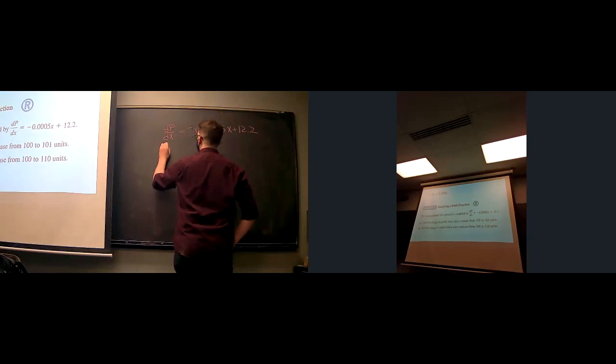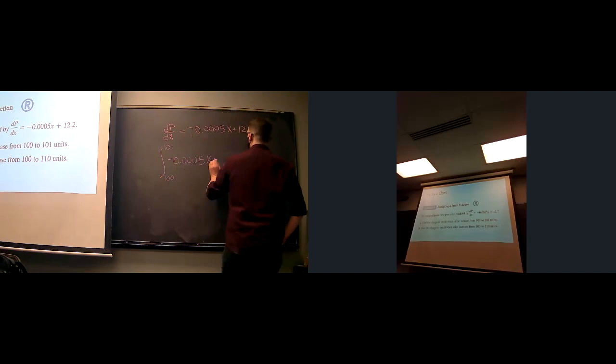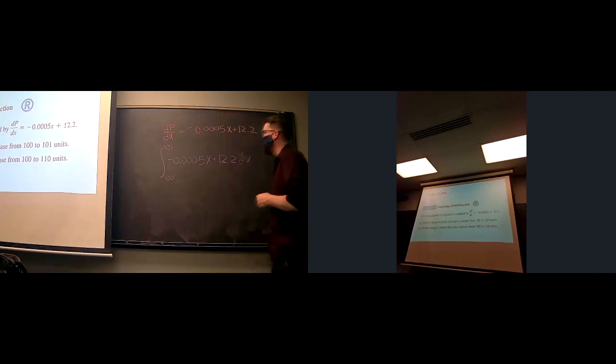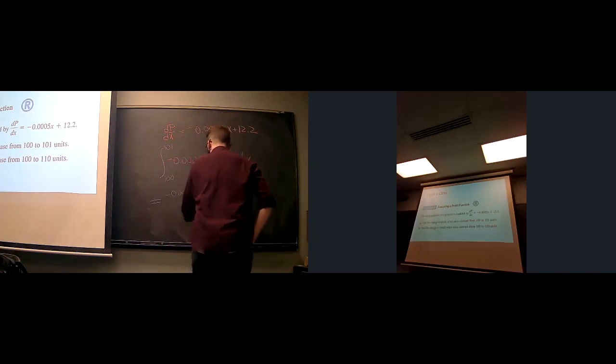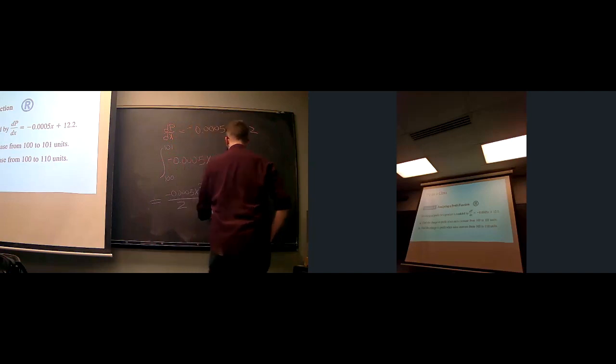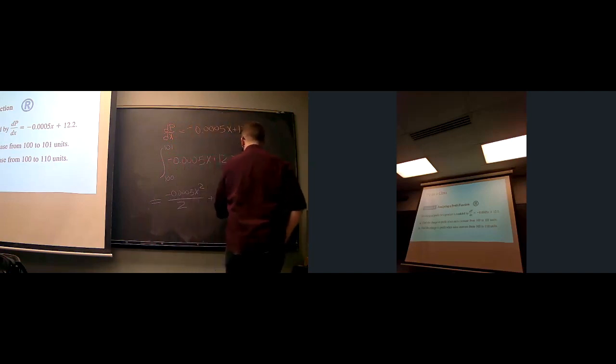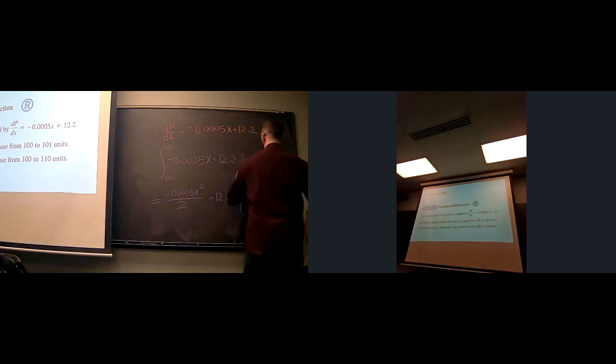Integral from 100 to 101 of negative 0.0005 x plus 12.2 integrated with respect to x. This is going to come out to be negative 0.0005 x squared all over 2 plus 12.2 x from 100 to 101.